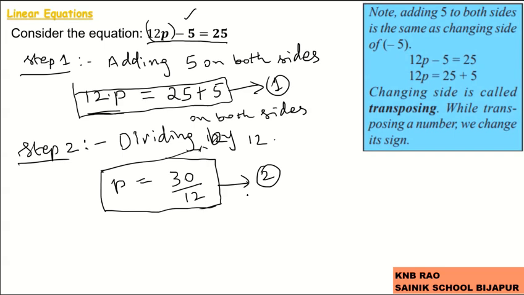Students, here we have adding 5 to both sides is the same as changing the side of minus 5. That is, this minus 5 when it is sent here becomes plus 5.